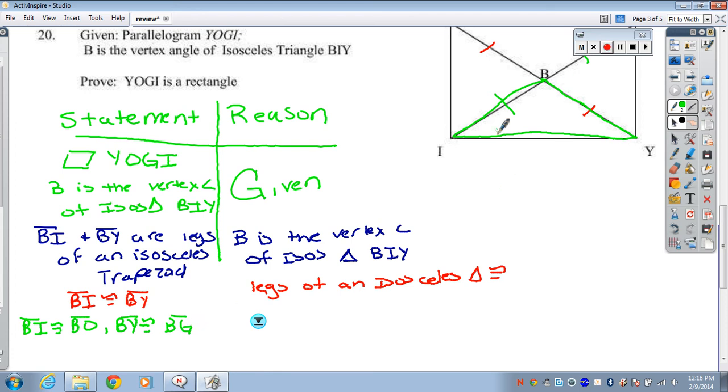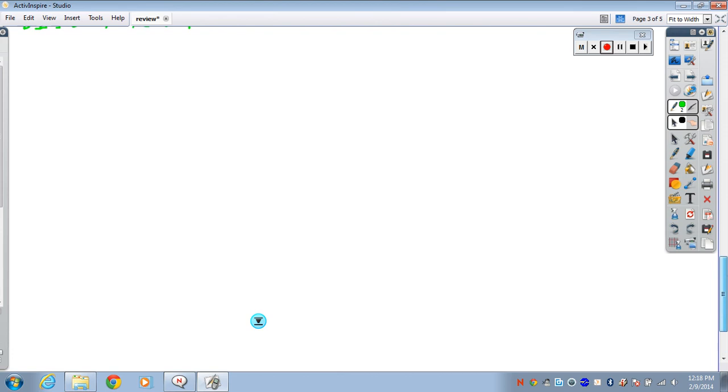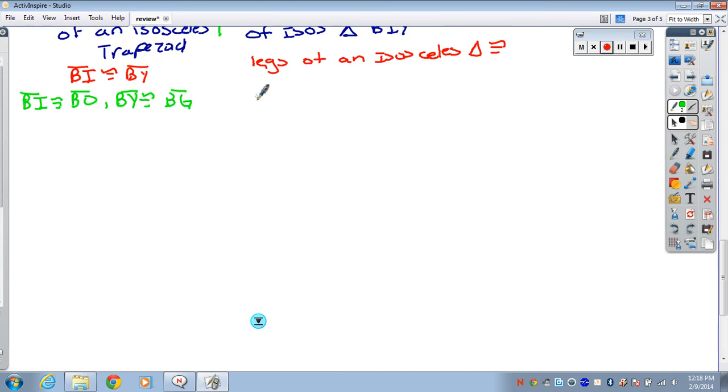So BI and BO are congruent and BY and BG are congruent because diagonals of a parallelogram bisect each other.